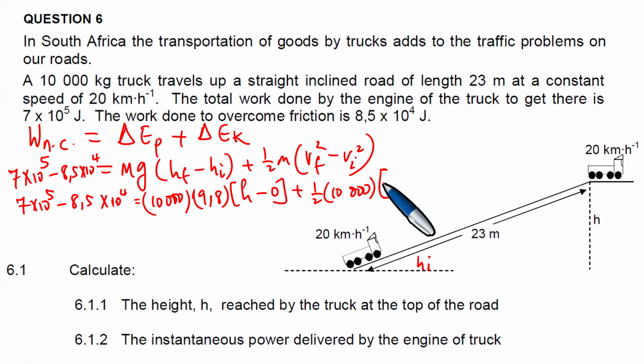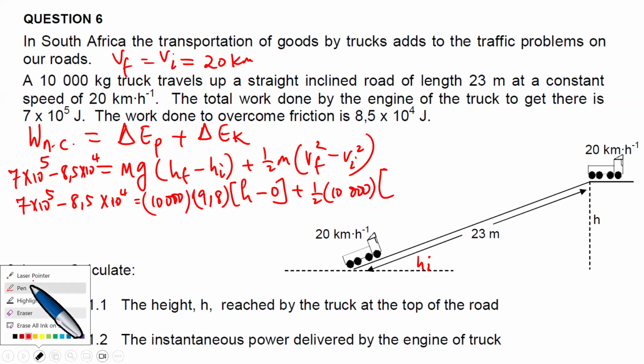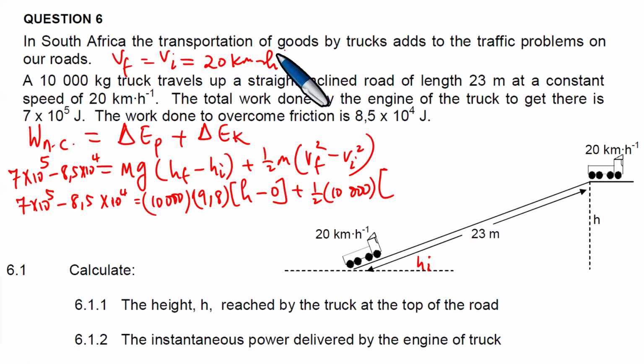Now the velocity: v final is the same as v initial. It is 20 kilometers per hour, which must be converted to meters per second, the kind of unit we use. So 20 times 10 to the 3 is 20,000.